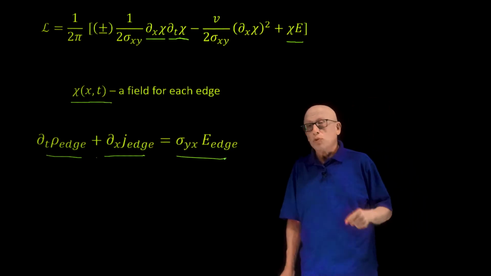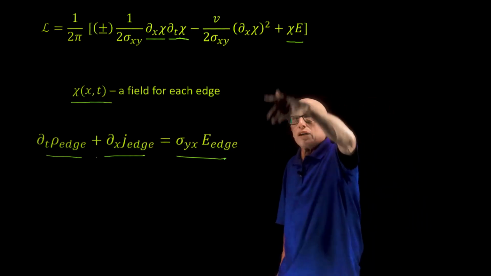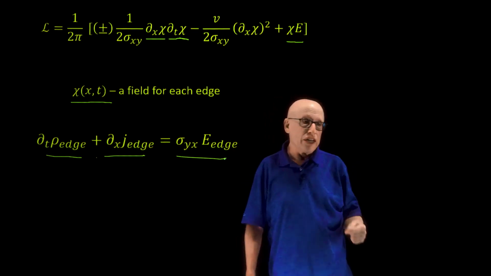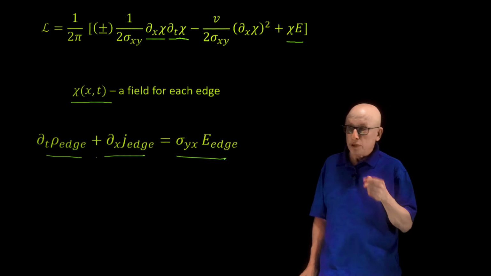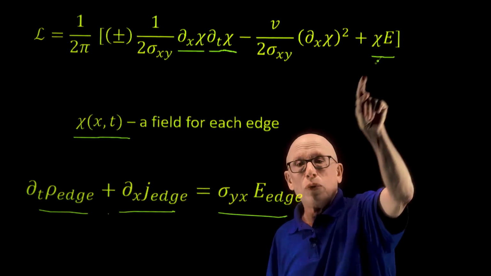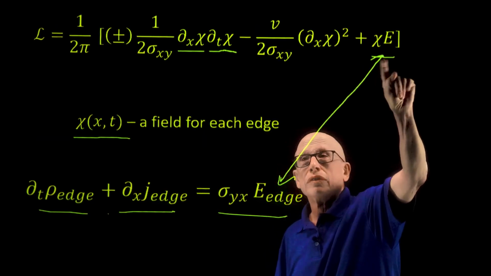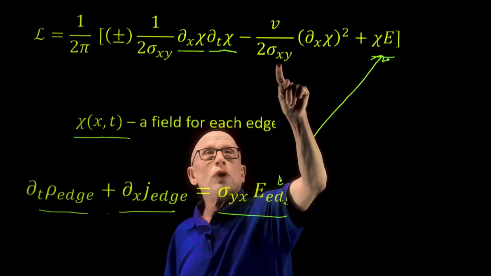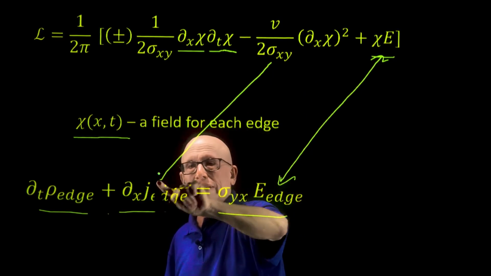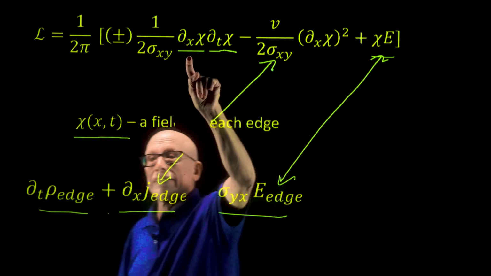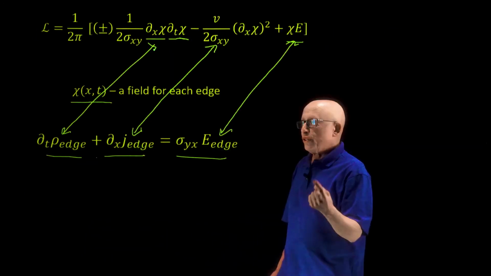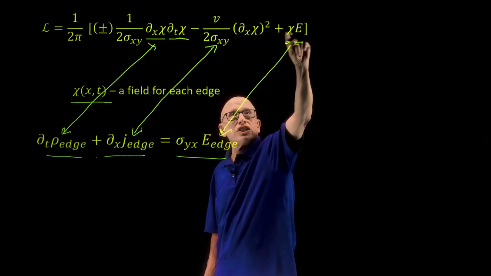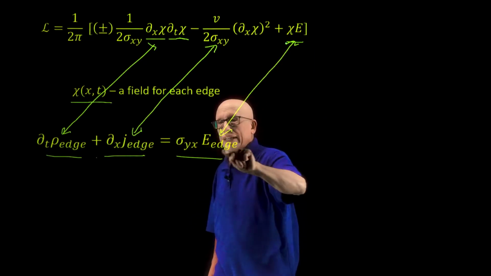How does this happen? Well, to extract an equation of motion from a Lagrangian density, we need to do the Euler-Lagrange procedure. This term will give rise to this term. This term will come out of this one, and this term will come out of this one. You see, when we take a variation with respect to chi, we'll get this.